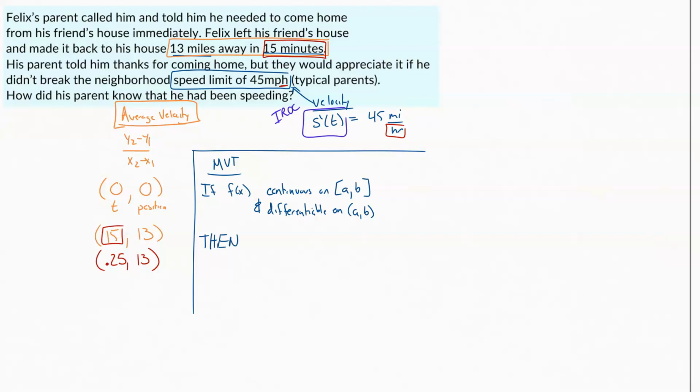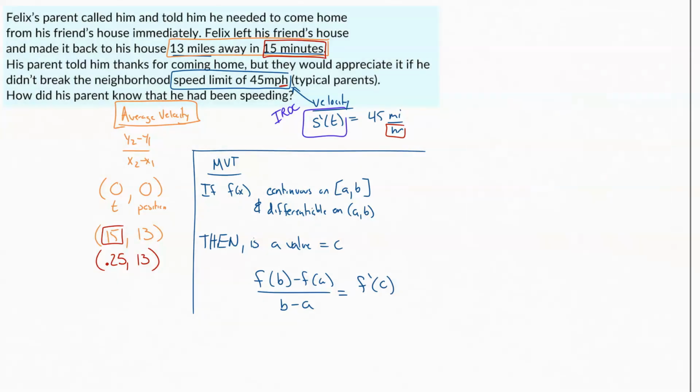If you can tell me that that is true, then you get to draw this conclusion. Then you know that there is a point c, an x value, that lives between a and b, somewhere in between a and b, such that the average rate of change between our two endpoints will equal the instantaneous rate of change at that specific c value.